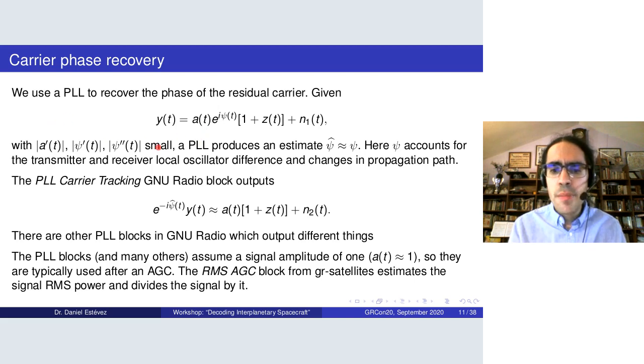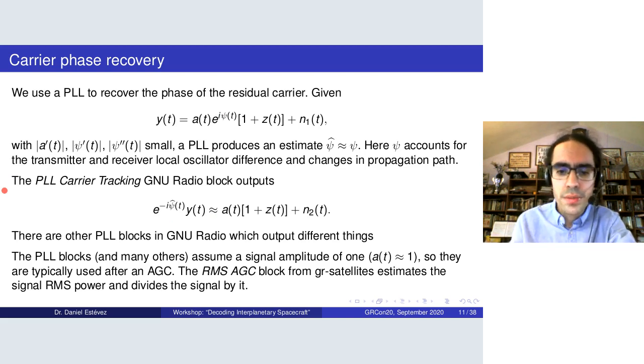What we use is a PLL, which is a device that can detect and track the frequency and the phase of the residual carrier, and then correct for it and cancel this extra term which we don't want. This is done with the PLL carrier tracking GNU Radio block. Many of the blocks which do a control loop inside GNU Radio assume an amplitude of 1.